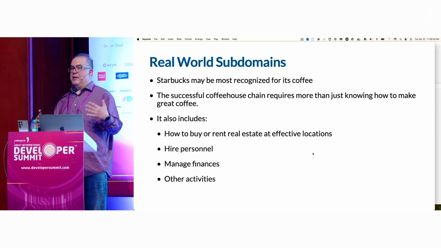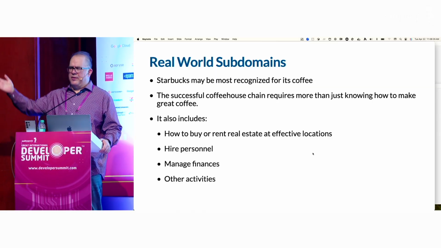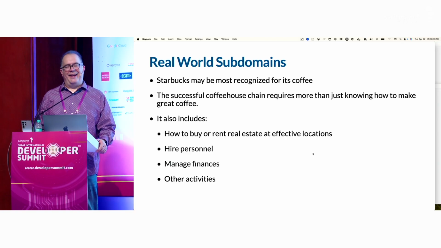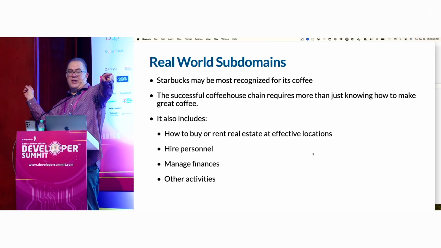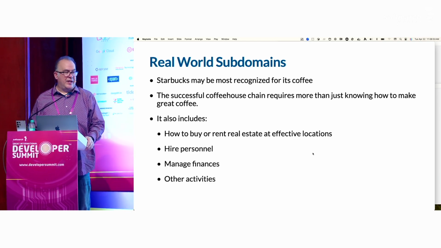So Starbucks is great at coffee. But I know in the US, and I know you have some Starbucks here, I saw one. I may just go there a little bit later. But if you have ever been to an American city, particularly in the center of town, there's a Starbucks right there, and then there's a Starbucks right over here, just across the corner of an intersection.